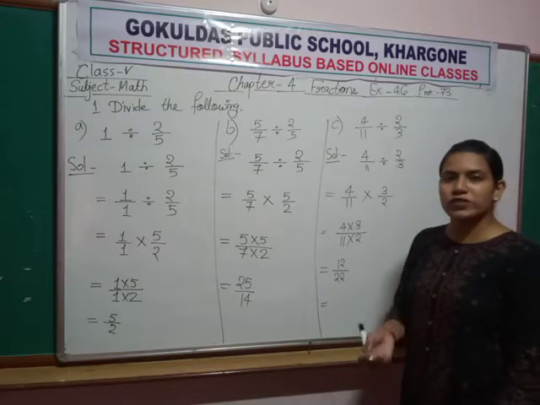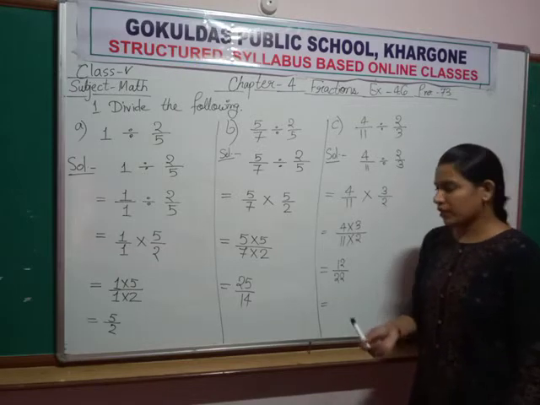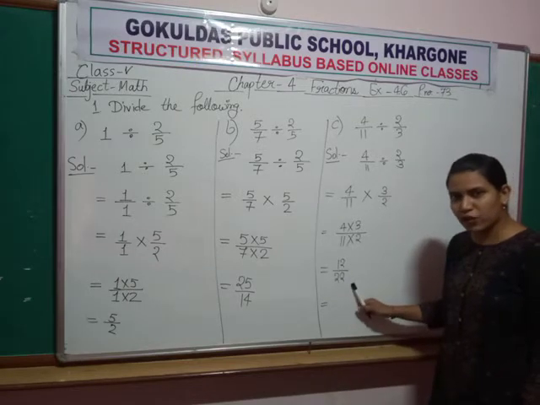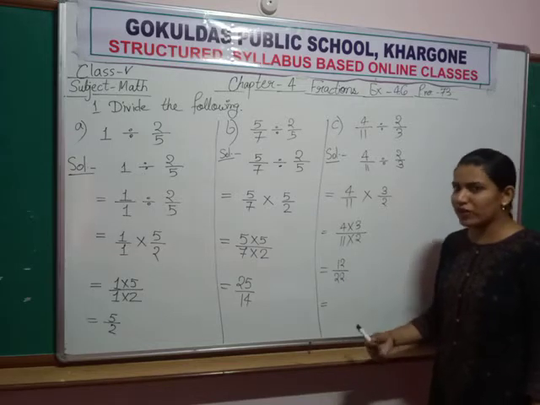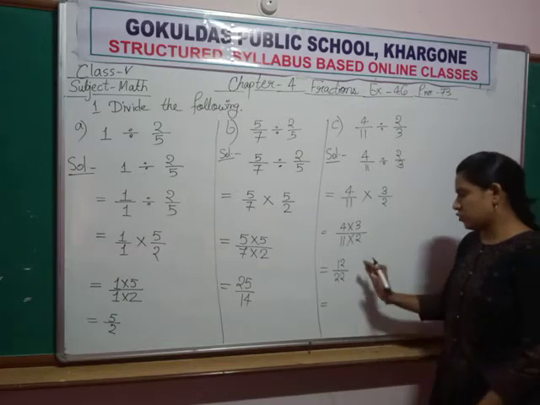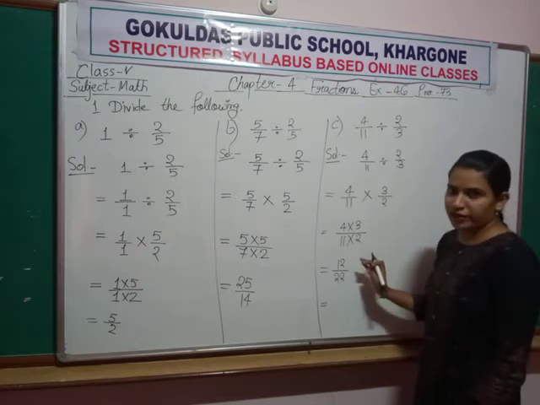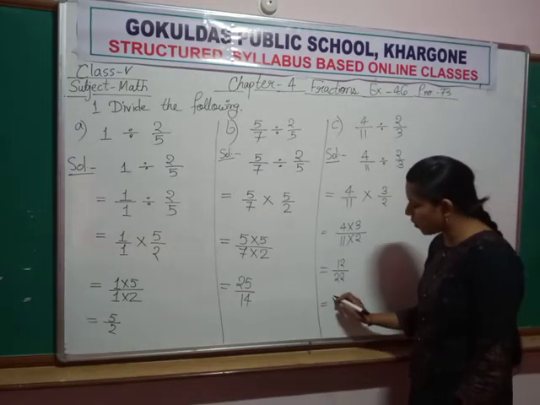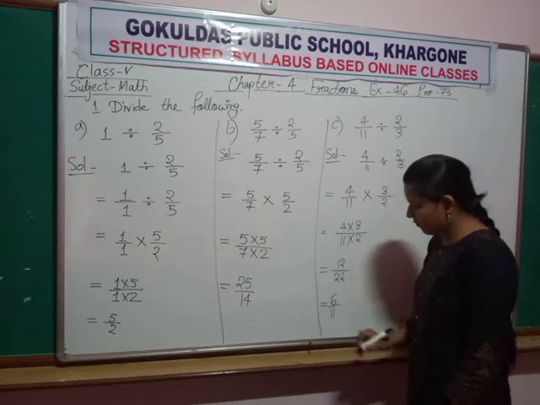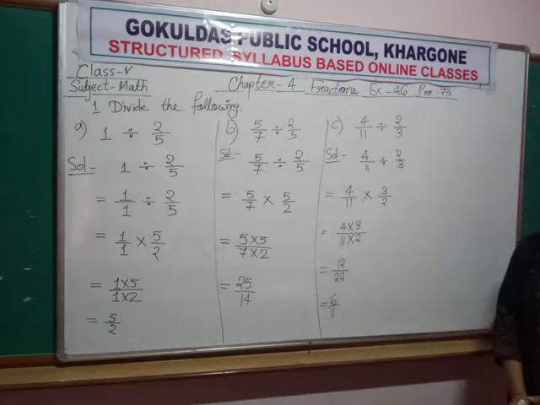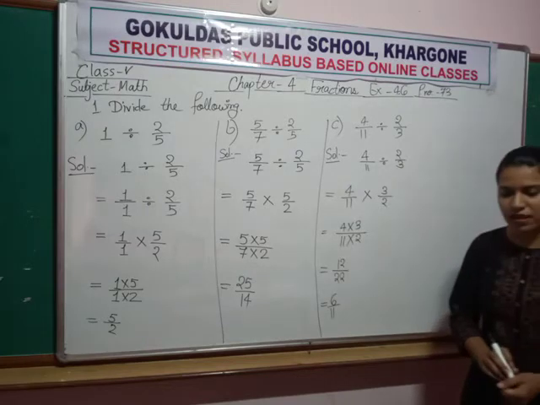You know how to reduce any fraction to lowest form? Find the HCF of numerator and denominator, then divide both numbers by the HCF. You will get its lowest form. So when I reduce this fraction to its lowest form, my answer is 6 upon 11. Okay, 6 upon 11 is my final answer.